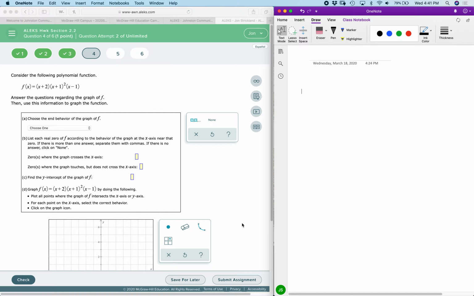Okay, for what we have in this problem, now we have a function f of x is equal to the quantity of x plus 2 times the square of x plus 1 times the quantity of x minus 1.